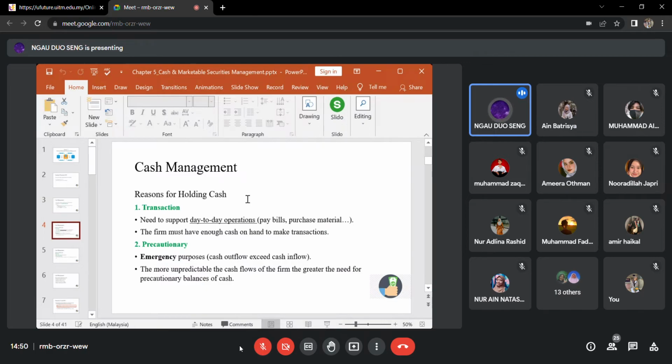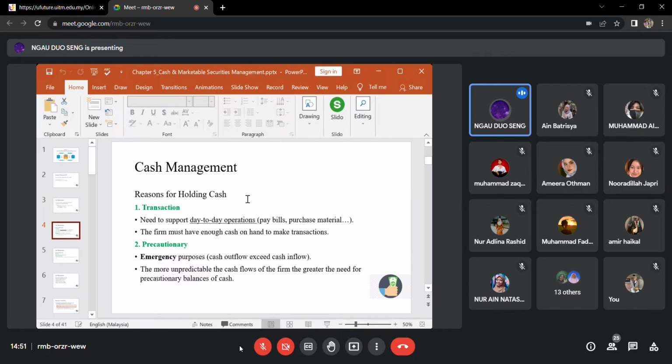First one, for transaction. This one is for day-to-day activities. If you are a restaurant, you have cash. If an office, you still need to maintain cash. If you want to buy cheap items like stamps or pencils, you still need to have some cash.